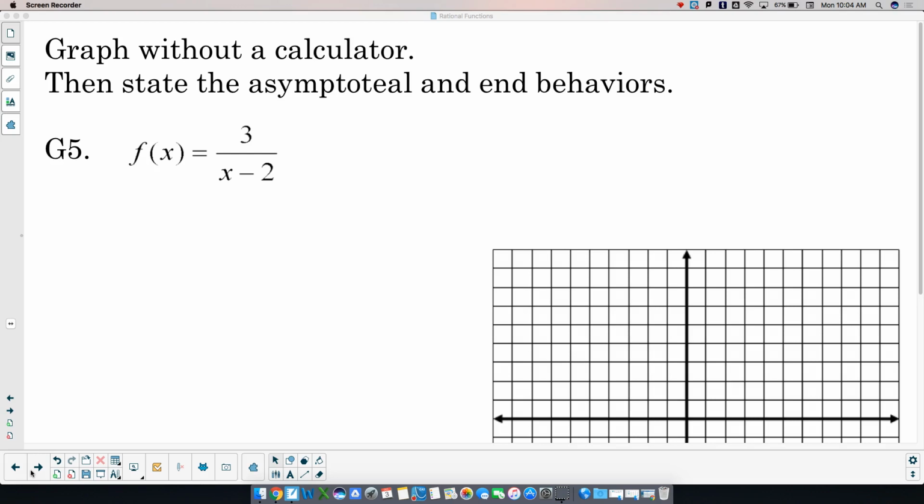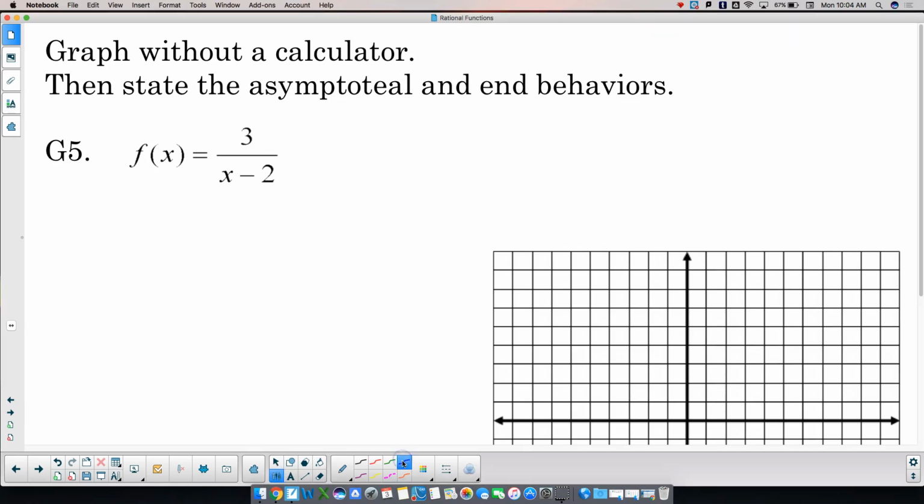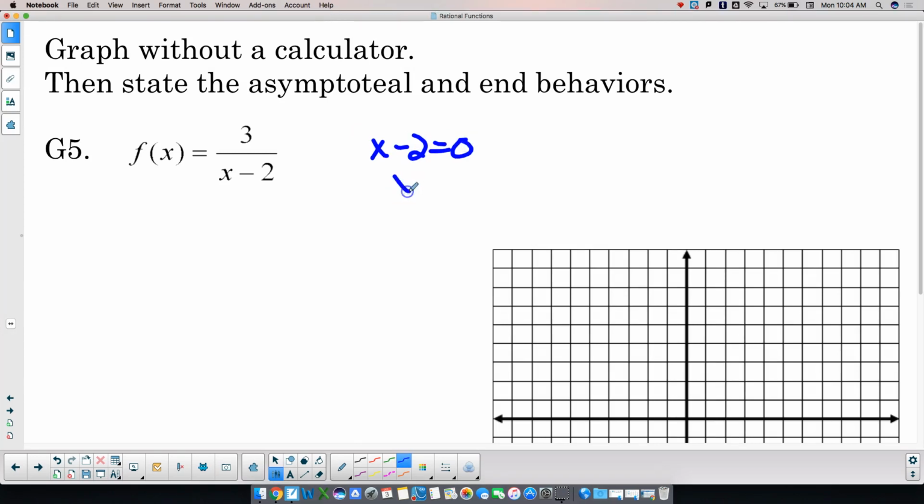Really it says we need to find the domain and the vertical asymptotes, but the process that we do is we set the denominator equal to 0. So in this particular case, I would set x minus 2 equal to 0, and then I would solve that, and that gets me x equals 2.